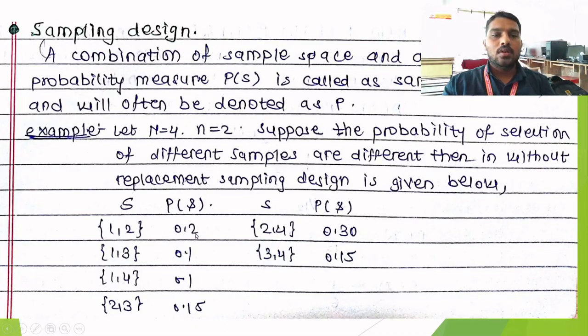So we can take any values between 0 and 1 as a probability measure, and the sum of all these values is equal to 1. So sampling design means the combination of sample space and associated probability measure P(S).